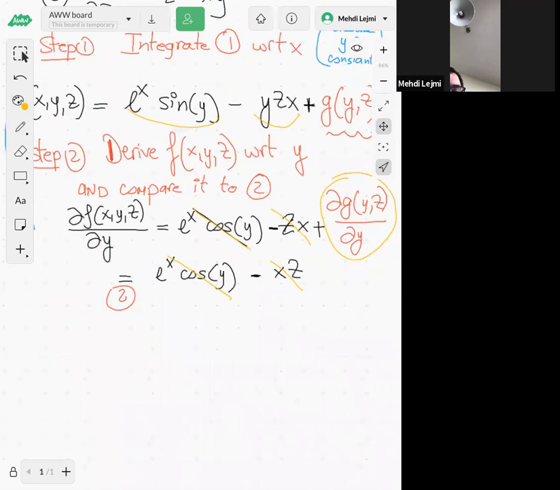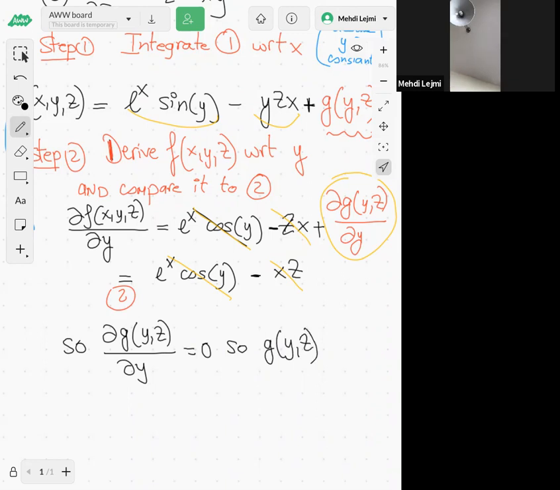Okay, so the derivative of g of y, z with respect to y is just 0. So what will then be the function g of y, z? Well, if the derivative with respect to y is 0, it means that the function g of y, z is not just a constant, but it's going to be some function of z.